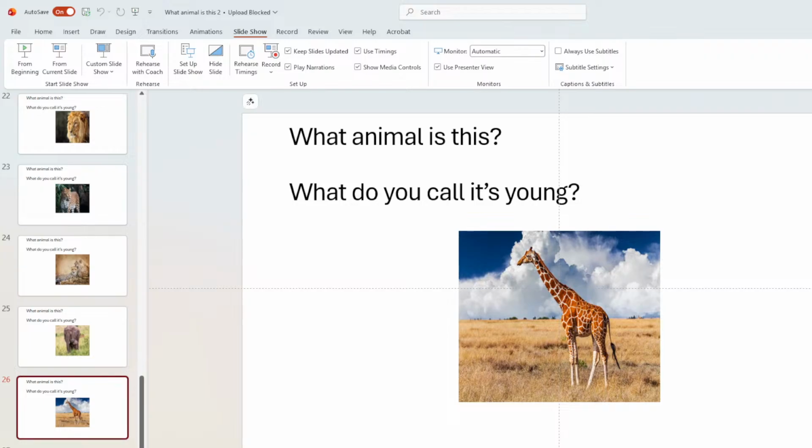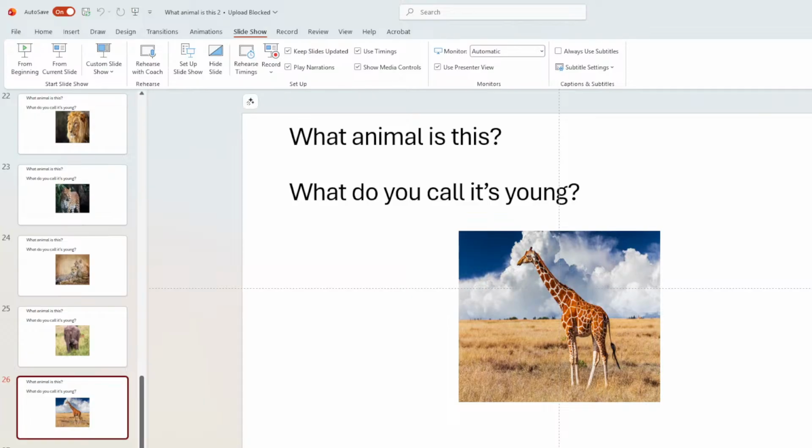What do we call that tall-necked animal? We all know the name of this animal. No, it's not an elephant. That's a giraffe, right? Everyone knows a giraffe, at least, even if you haven't seen it in real life.